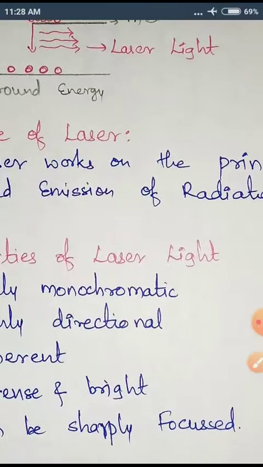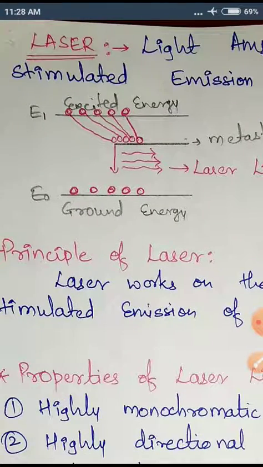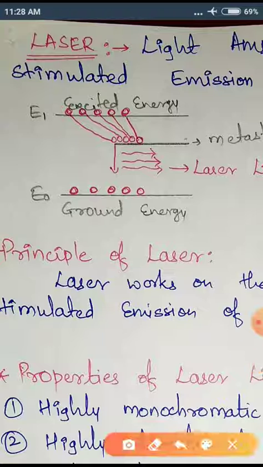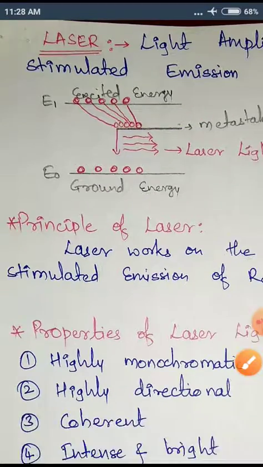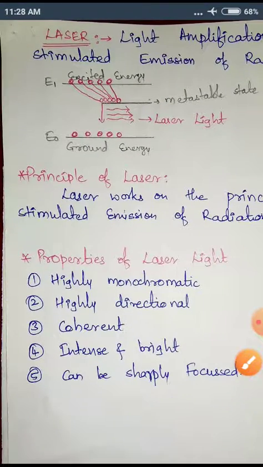You can see in the diagram here that we have ground energy state E0, then we have excited energy state E1, and in between here we have a metastable state.